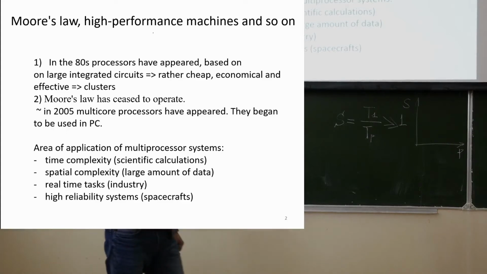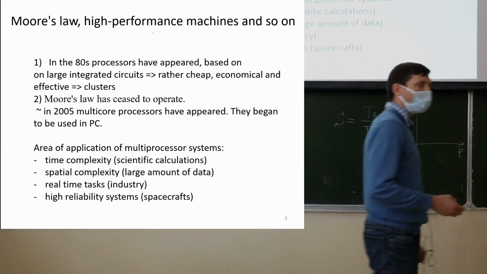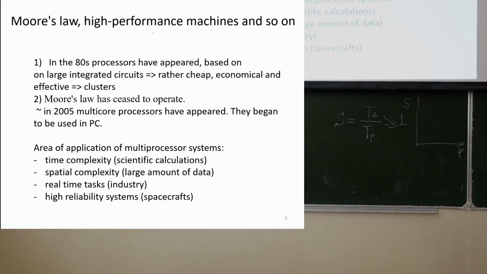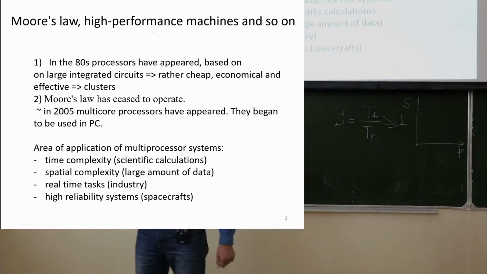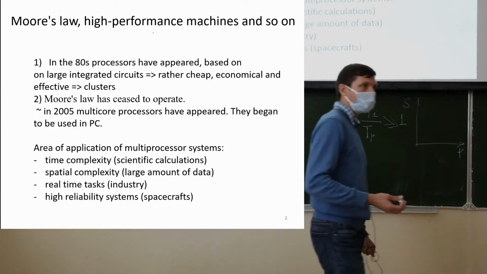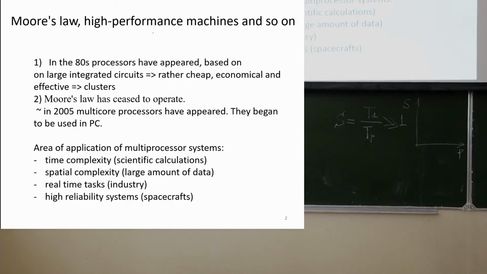For example, in industrial plants, you have to make some decisions in real time, and high-performance machines will help you to do this. Another is high reliability, for example in spacecraft or aircraft, where you have to use a double system, a high-performance double system.